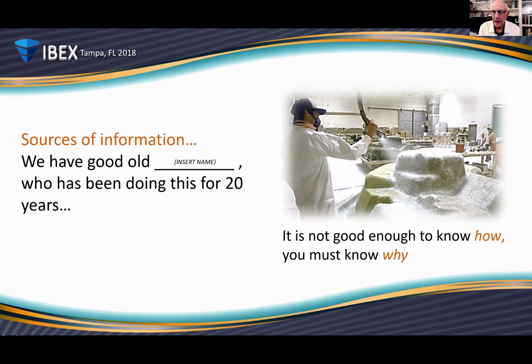Sources of information. Well, in our plant, we have good old name your guy, whatever the guy is in your plant. And he's been doing this for 20 years. So in some cases, people use that qualification of 20 years as that makes one an expert. Well, maybe it does, and maybe not.